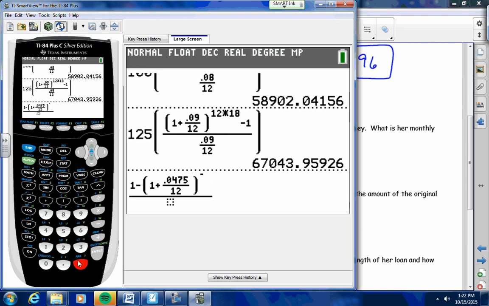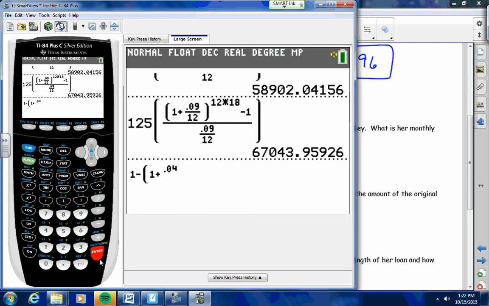Make sure for the negative that you select the negative, which is under the 3. Don't select the minus sign. That won't work. Negative 12 times 30. In the denominator, we need a fraction, 0.0475 over 12.